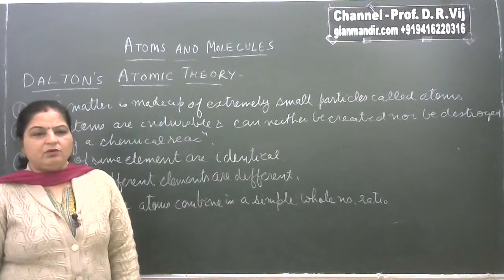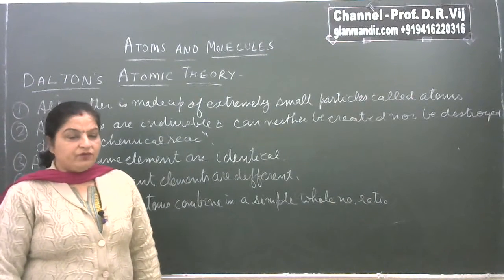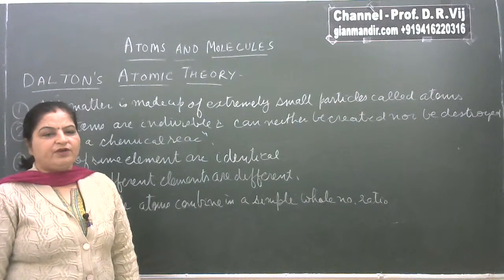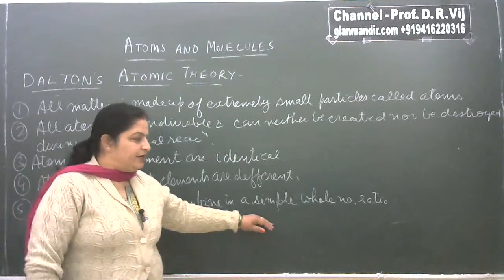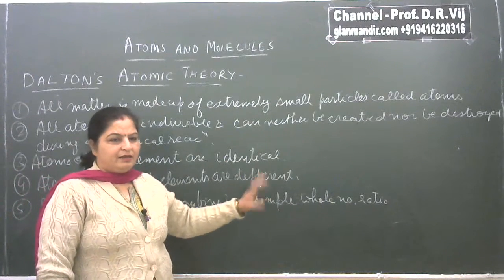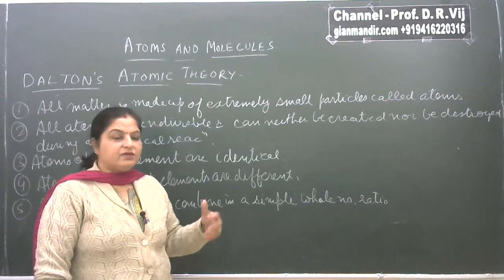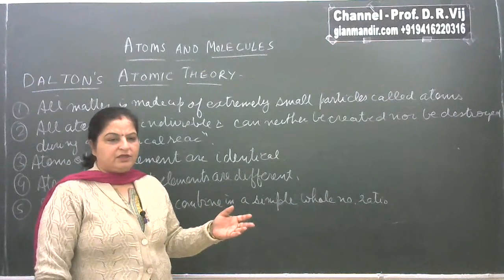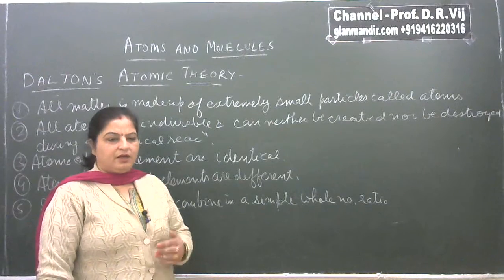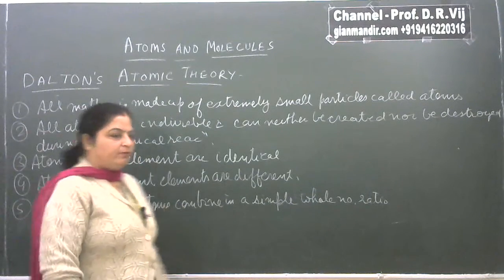That means in a molecule atoms are never present in the form of their fractions. This postulate gives a very clear-cut idea that atoms are the smallest constituent particles, as they can never be present in fractions, meaning they cannot be further broken down into smaller components.